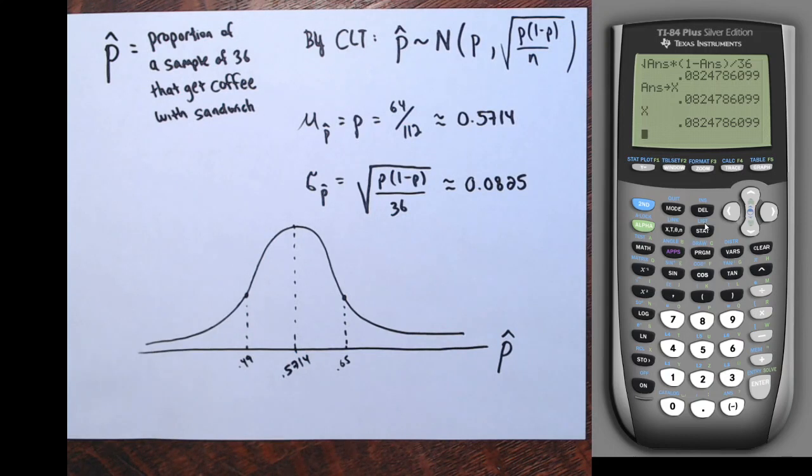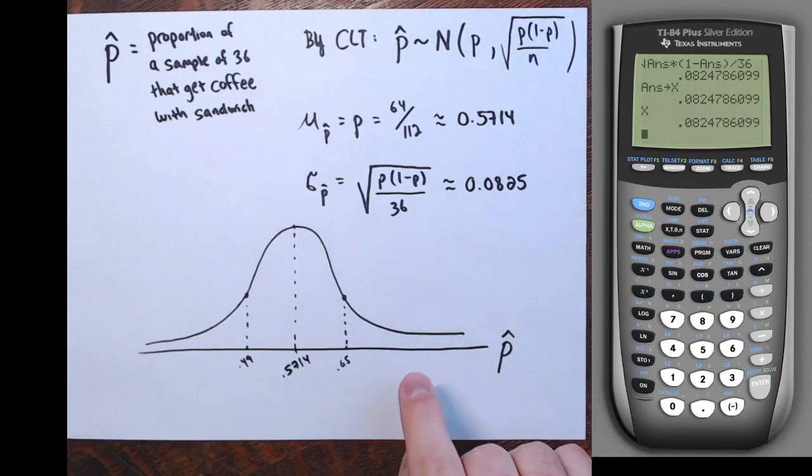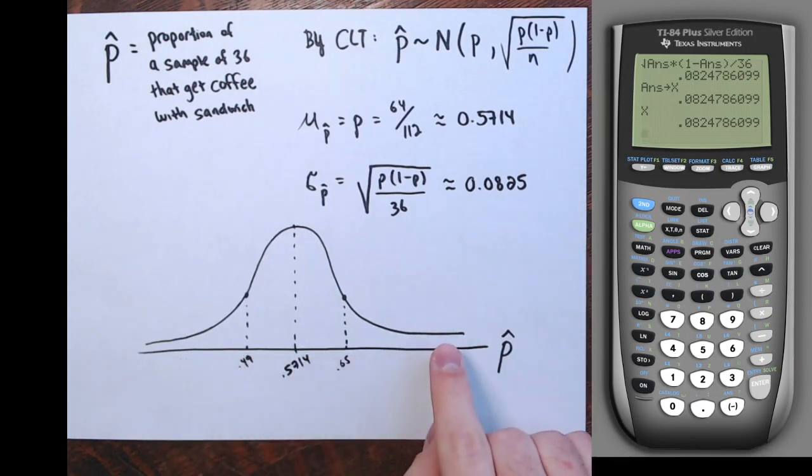But now, what we're asked about is, above what proportion will 58% of all sample proportions be? So we're looking for one specific value on the number line that has 58% above it.